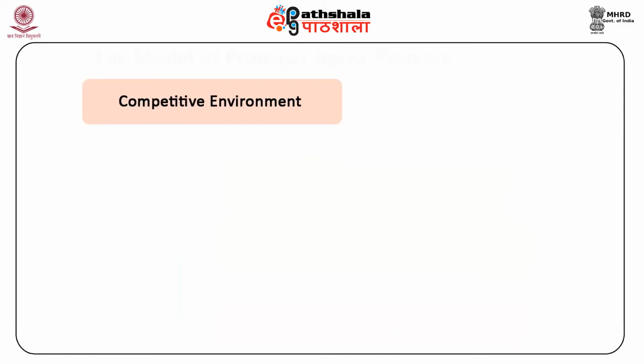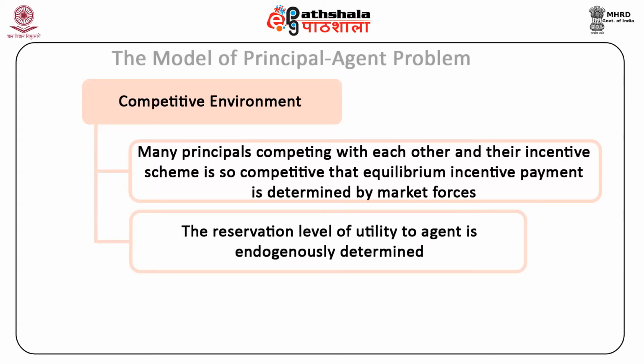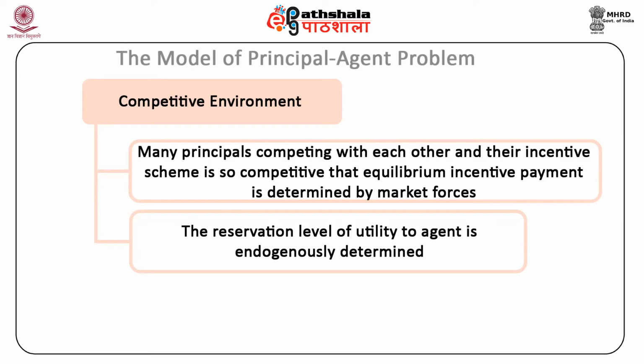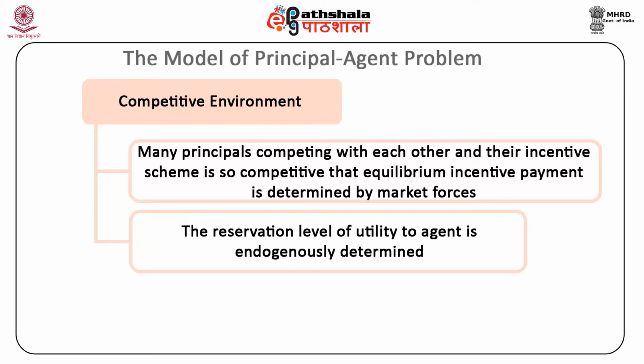In competitive environment, there are many principals competing with each other and their incentive scheme is so competitive that equilibrium incentive payment is determined by the market forces. In monopoly environment, the reservation level of utility to the agent is exogenously determined because it depends upon some unrelated activity.